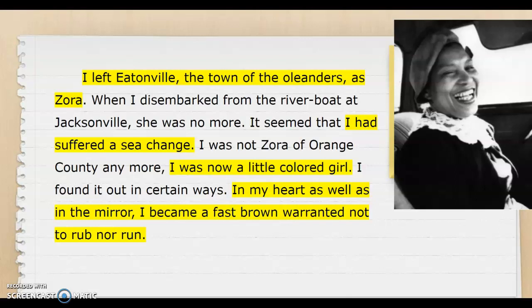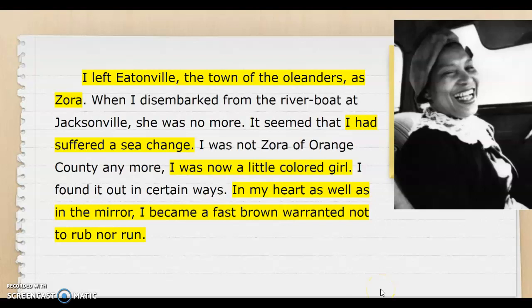It seemed that I had suffered a sea change. I was not Zora of Orange County anymore. I was now a little colored girl. I found it out in certain ways. In my heart, as well as in the mirror, I became a fast brown, warranted not to rub or run."